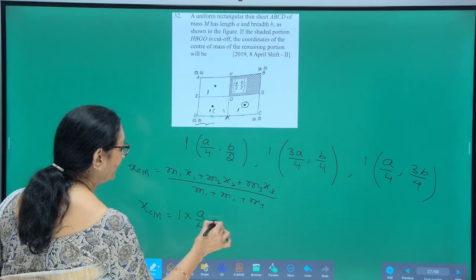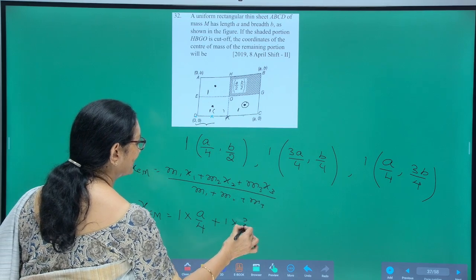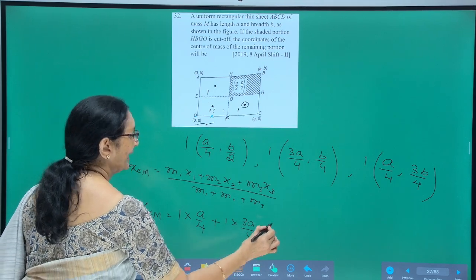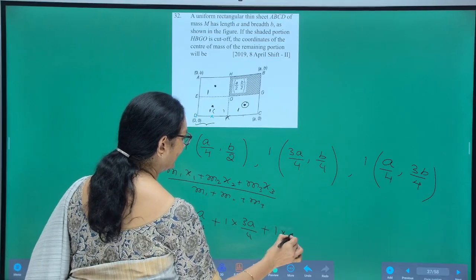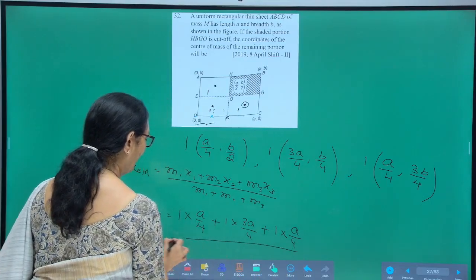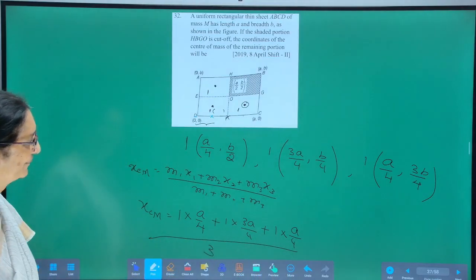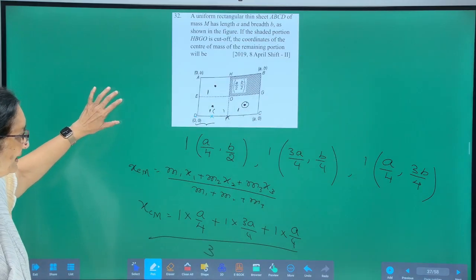Okay, m2 is 1, x coordinate is 3a by 4, m3 is 1, x coordinate is a by 4. The total mass is 3. So, what do we get here?